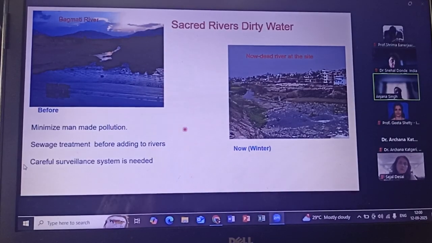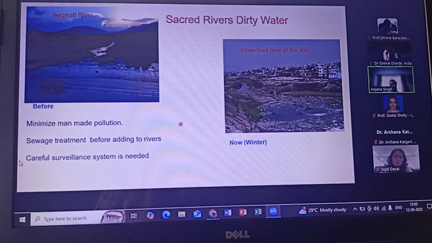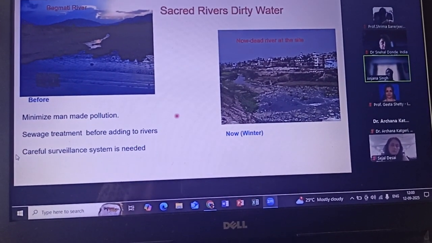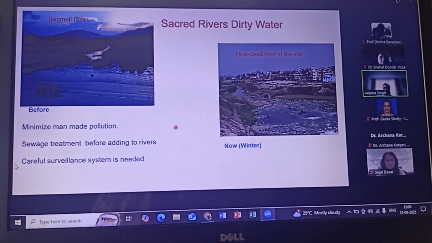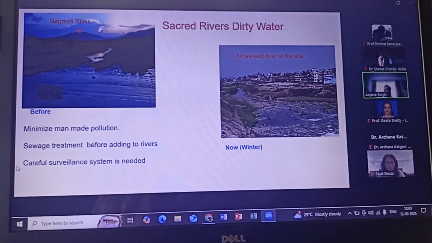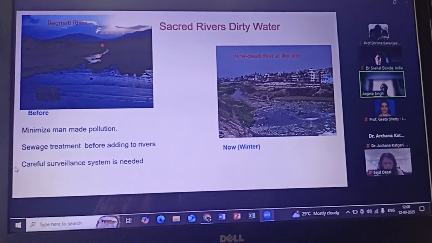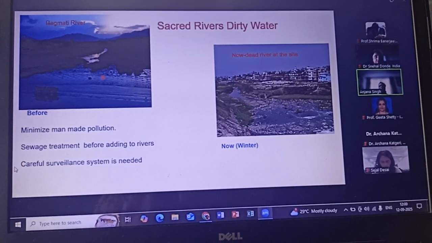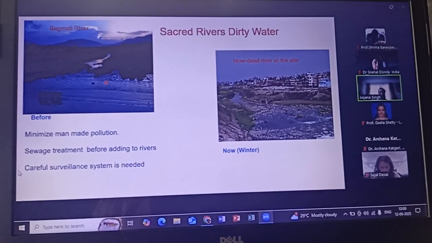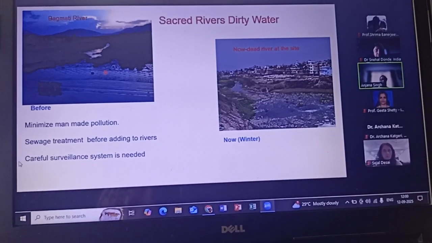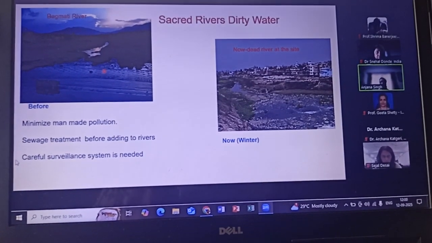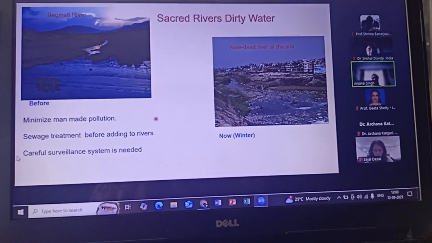In Nepal, there are rivers going across the Kathmandu Valley. Now I'm coming to the valley itself. There is a river known as the Bagmati River and the Vishnumati River. Earlier it used to be quite clean, and it is the heart of the settlement of the Kathmandu Valley. However, it is getting polluted due to man-made pollution.